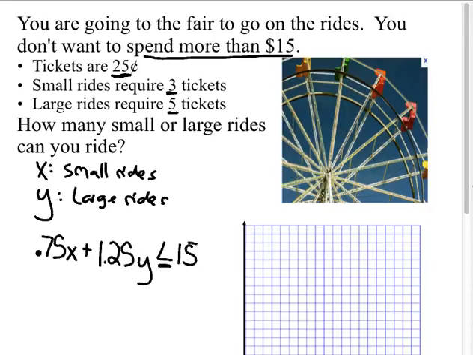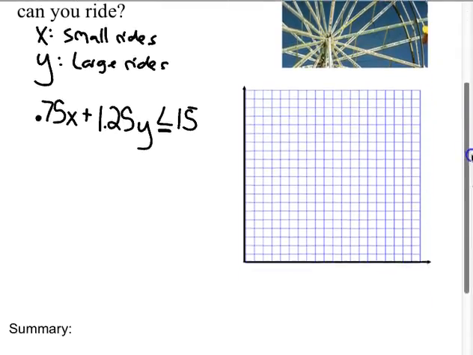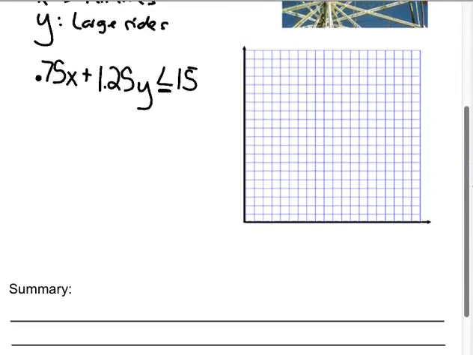All right, so now I have my inequality expressing how many of each ride I can go on and how much money it is. All right, so if I want to graph it now, well, remember the only way to graph is to get it into slope-intercept form. So I'm going to subtract off that 0.75x. Then I'm going to divide everything by 1.25.